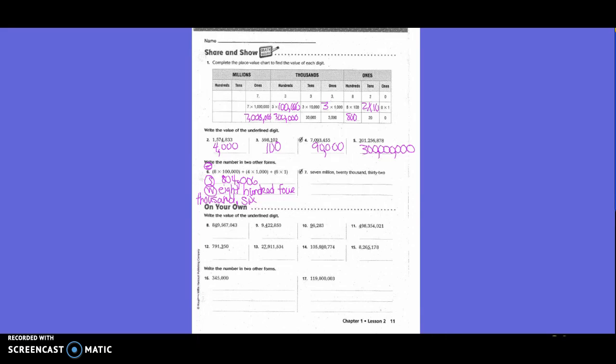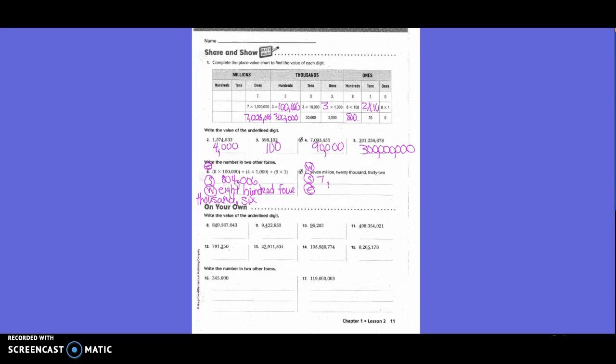Okay. So on number 7, they gave us what form? They gave us the word form, and we need to write the standard form and the expanded form. Okay? So on your homework assignment, you need to write that so that I know what else you're giving me. Okay? So how am I going to write that in standard form? So I have 7 million. So I'm going to write 7, comma, 20,000.